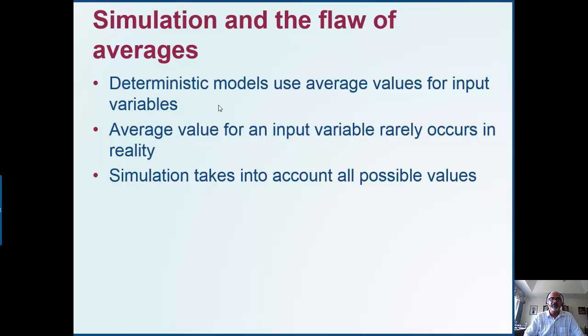Now, simulation and the flaw of averages. As I mentioned earlier, in a deterministic model, we use the average value for the input variables. The average value of the input variable rarely would occur because there will always be some fluctuations around the mean, and therefore simulation modeling will take into account all possible values for the input variables according to some defined probability distribution.